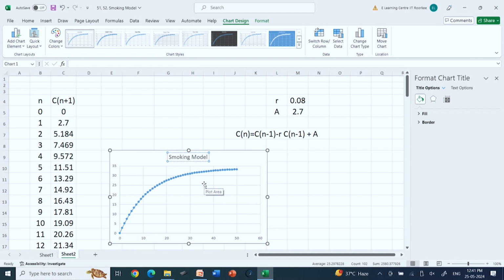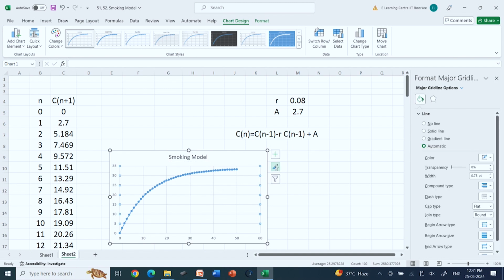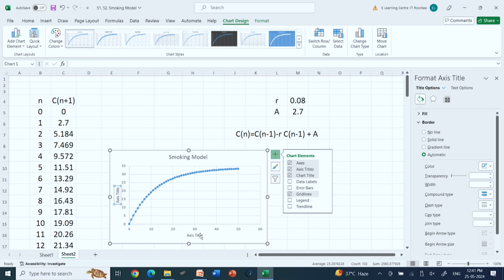smoking model. I want to enter the axis title. So this is year, and this is the amount of cadmium.